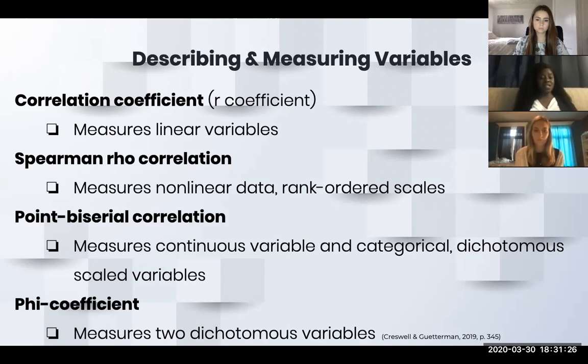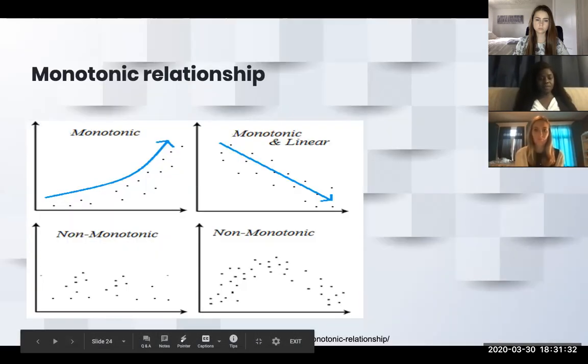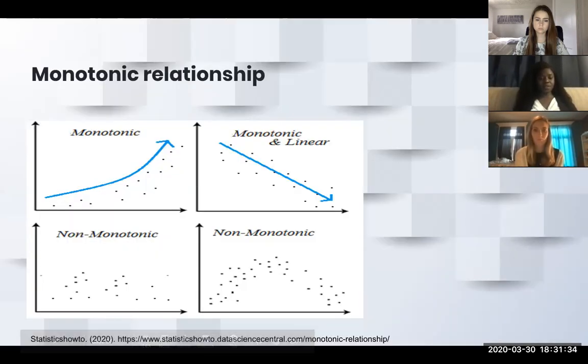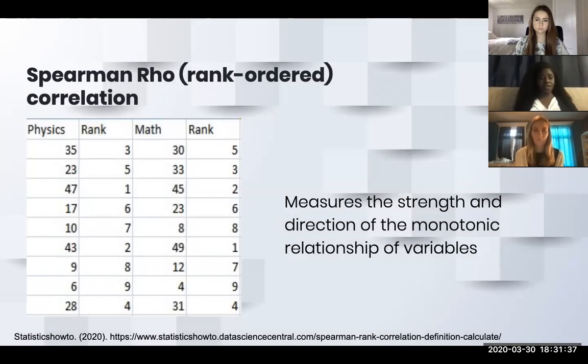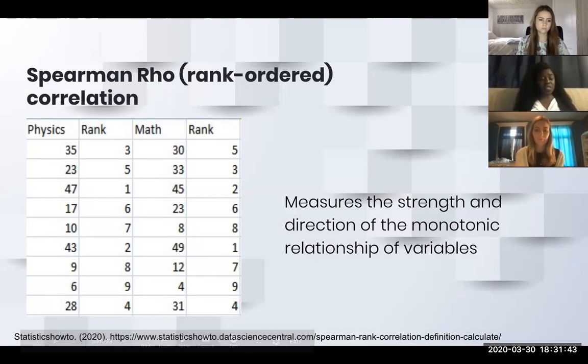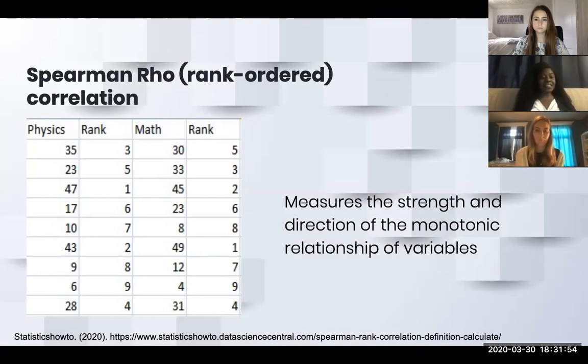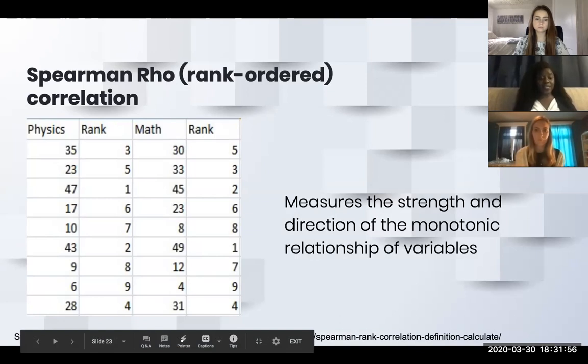So let me skip to the other slide to make this more clear. All right, so here we have an example of some ranked variables. So we have physics scores as well as math scores, and they are ranked from highest to lowest, ranking from 1 being the highest and 9 being the lowest.